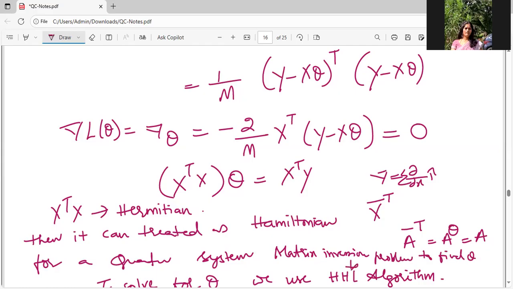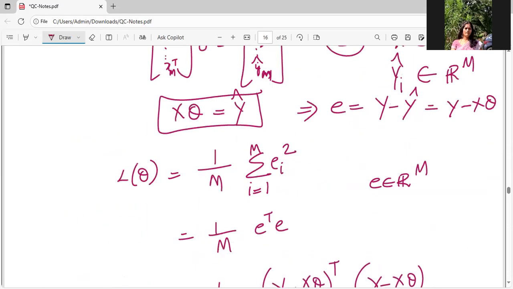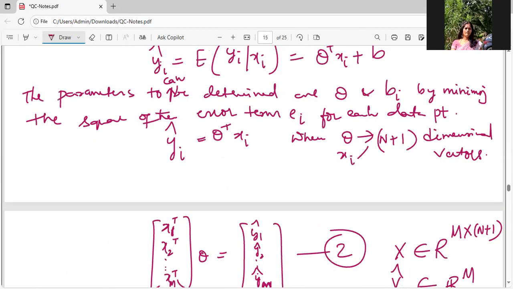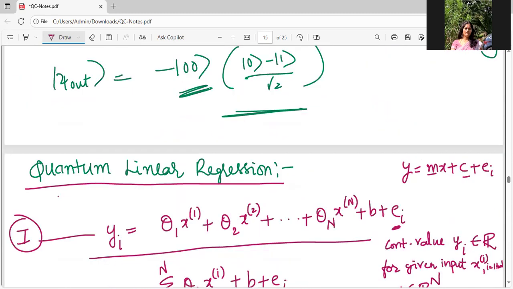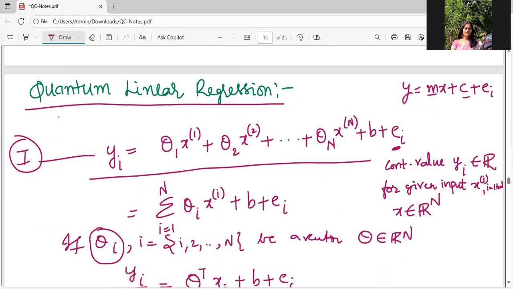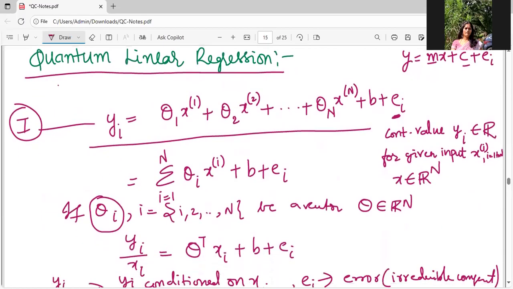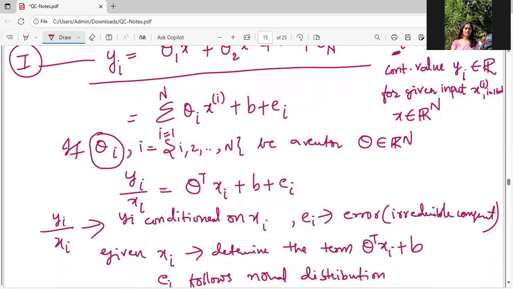What exactly in gist is, first, normally data is given. No one gives data in terms of kets or states, the notation that we use in quantum, guys. Hence, first normal data is given. Then I encode the data as a quantum state. After encoding the data, I form the linear system.